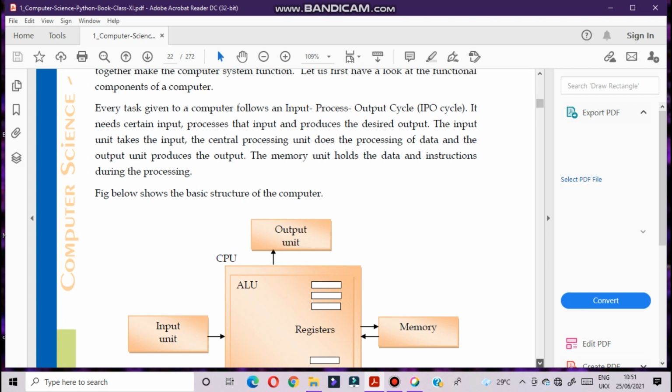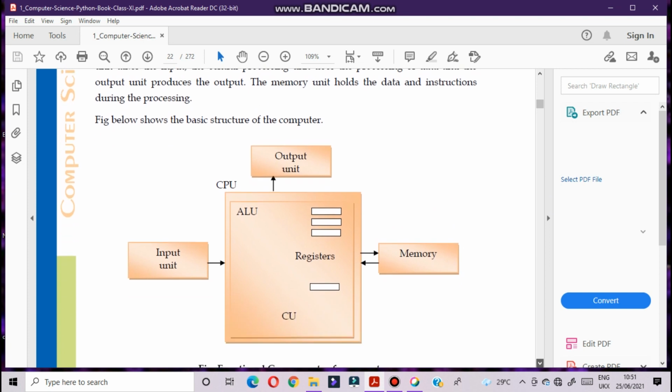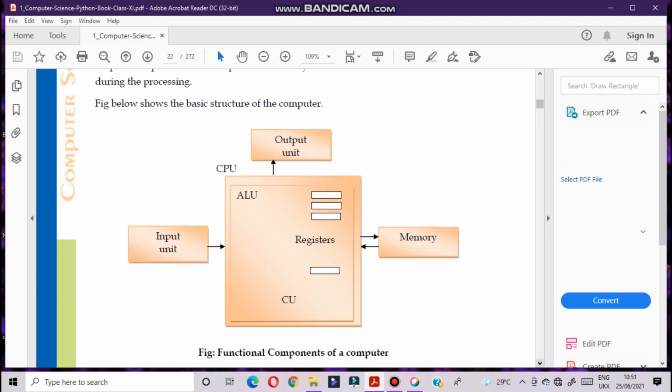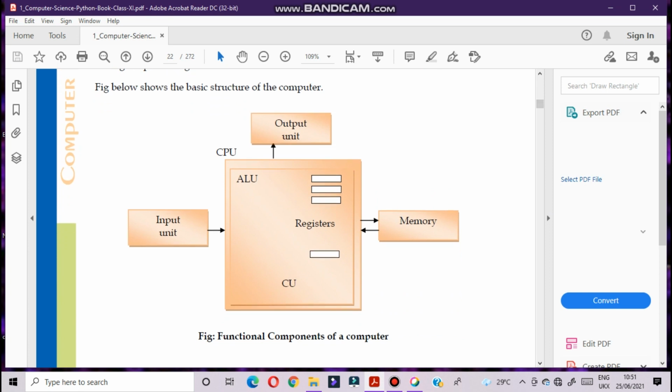So now you can see here in this diagram whatever I have explained to you. This is the diagram of the input unit. The CPU, central processing unit, contains what?